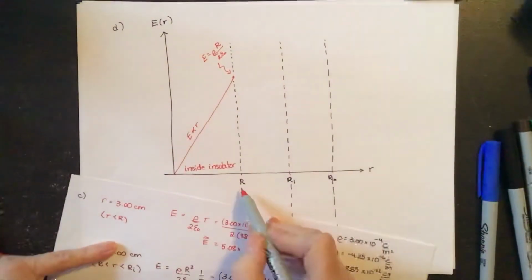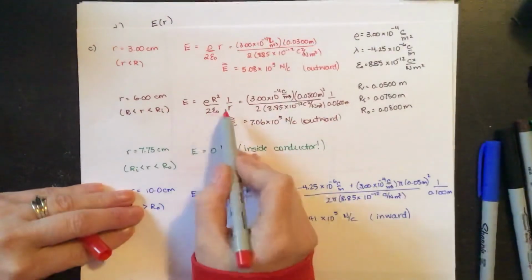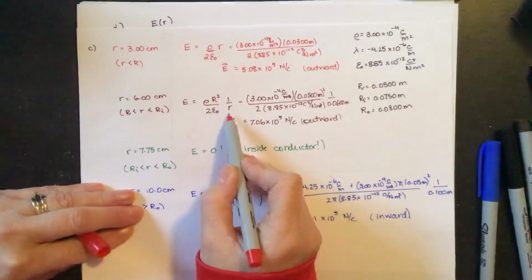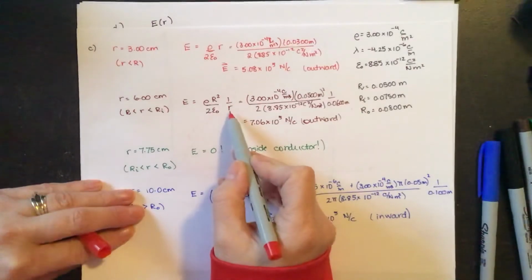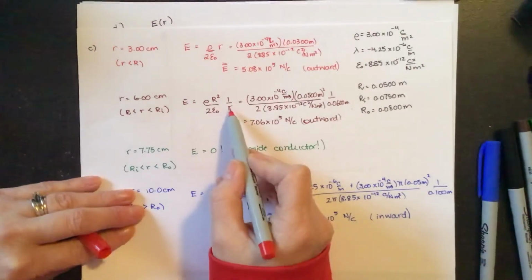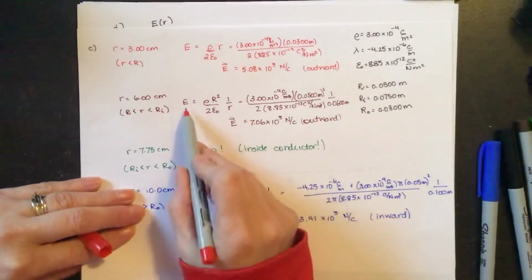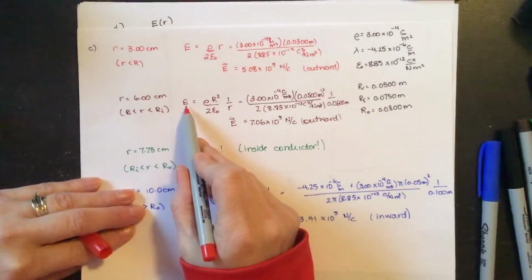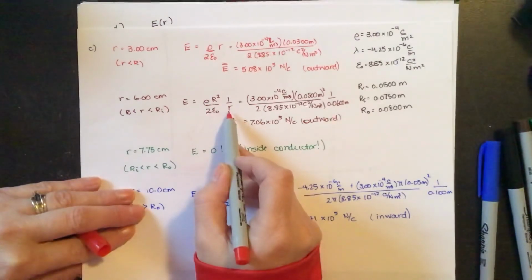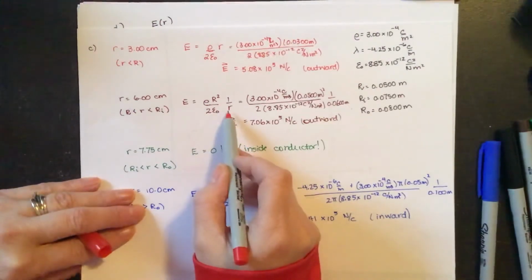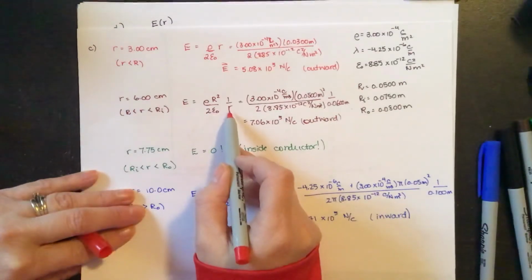For my next area between the insulator and the conductor, that expression gave my electric field as falling off as 1 over R. Be careful here when you draw your graph. Things that go as 1 over R, you're tempted to draw those going to 0. But this electric field would only go to 0 if R goes to infinity. R doesn't go to infinity. It only goes as far as the inner radius of the conductor. So that electric field doesn't go to 0.